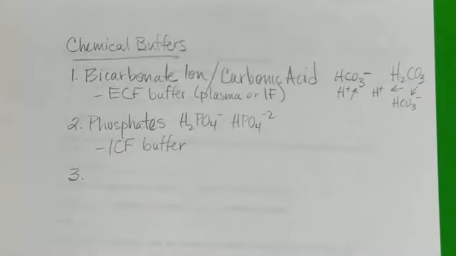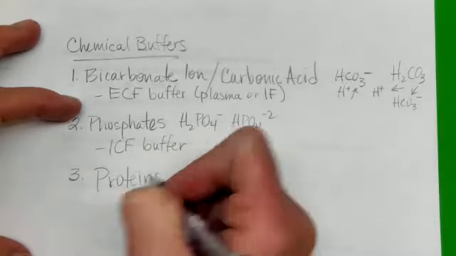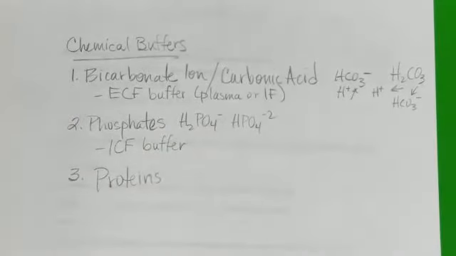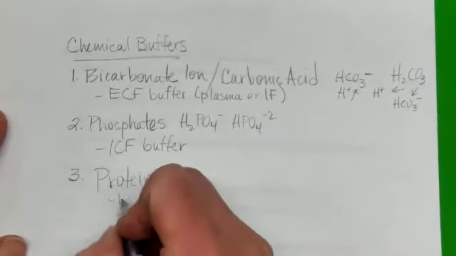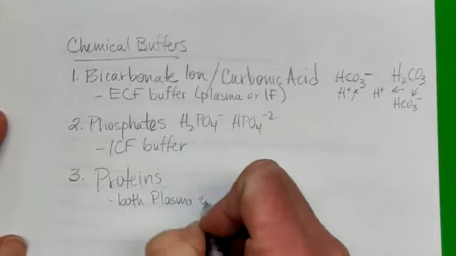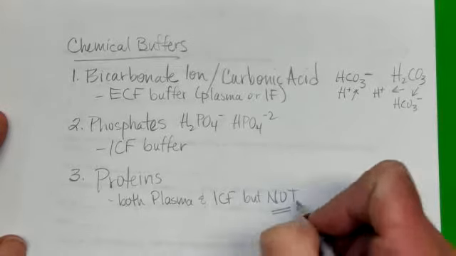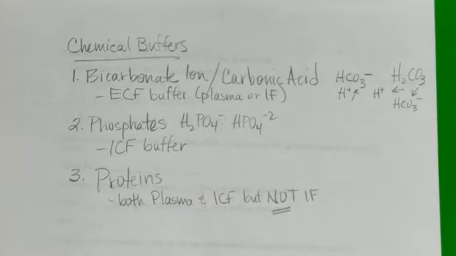And then because we have things in the plasma and these things within the cell that they can be both, and those are proteins. Okay, so proteins are going to be both plasma and ICF, but not interstitial fluid, because we don't have proteins in our interstitial fluid.